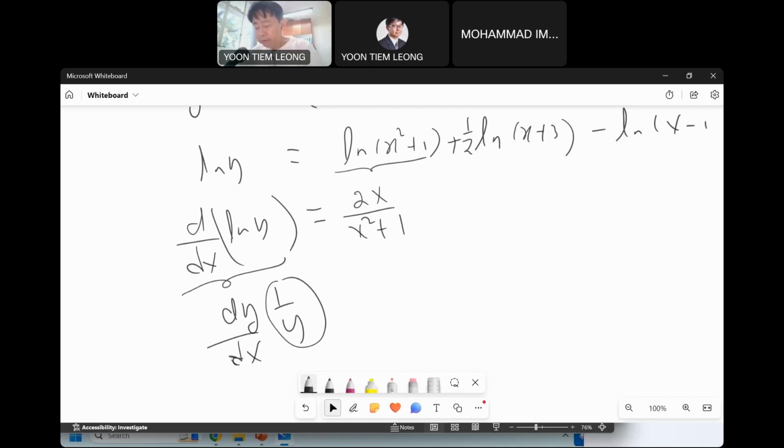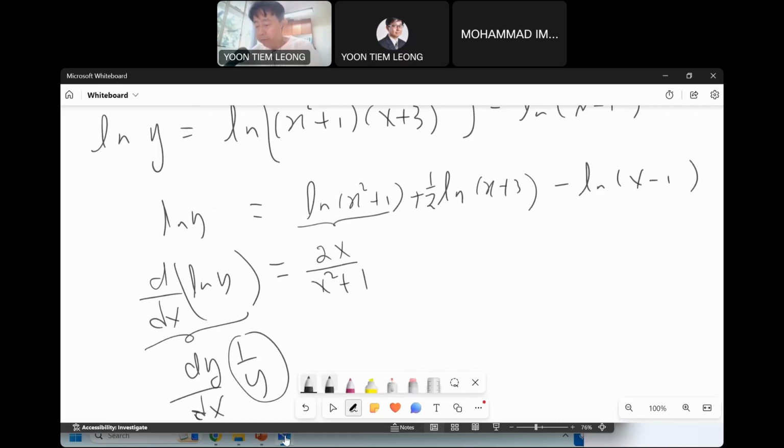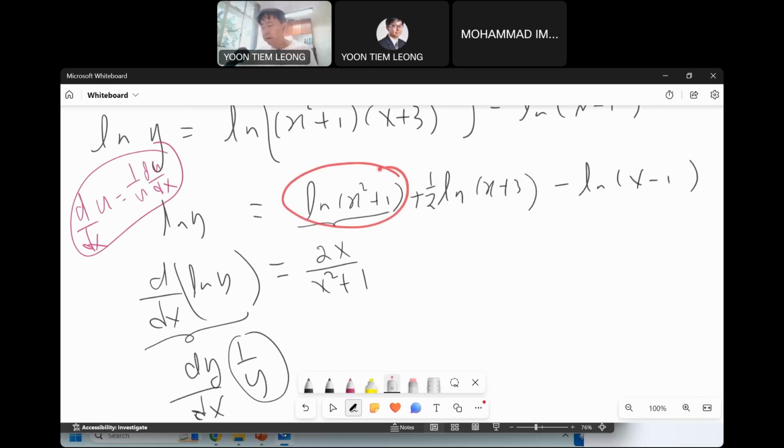I write down this by referring to the fact that the derivative of a function u, so d/dx of ln u is simply equal to 1 over u du dx.